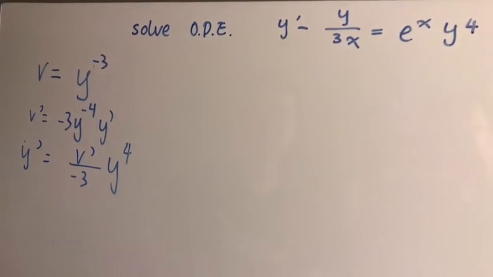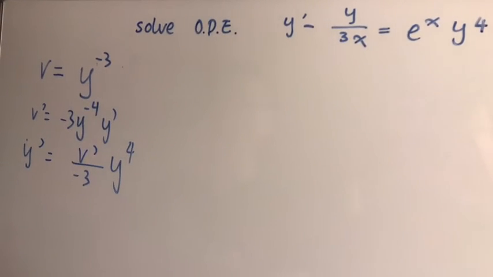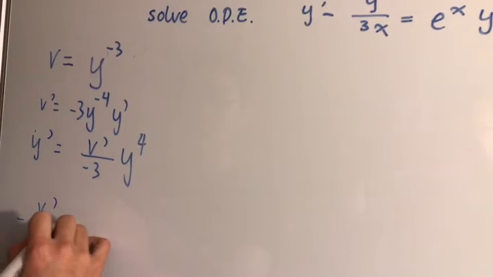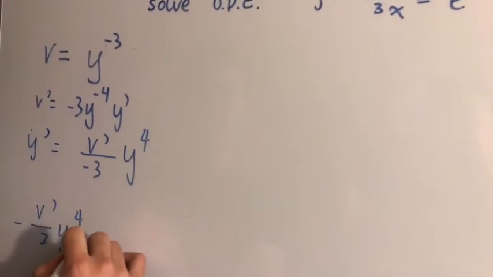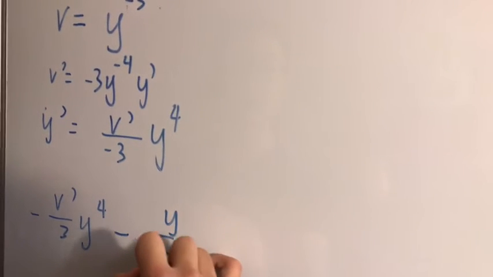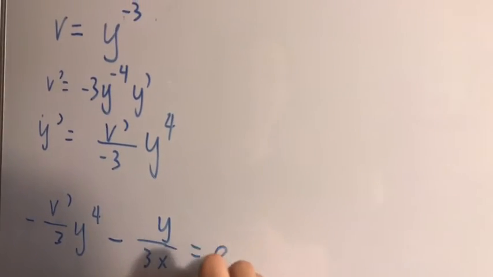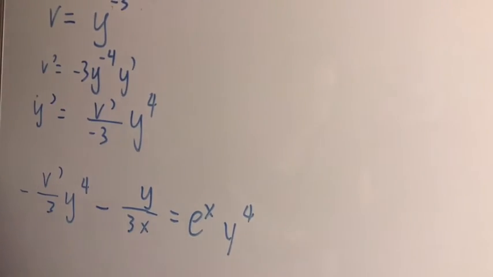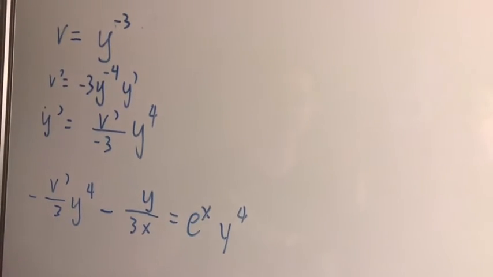Okay, so let's put this back into that equation and we get v prime over negative 3 y to the power 4, and then, okay, so basically I've rewritten the entire equation, but in terms of the substitution variable.